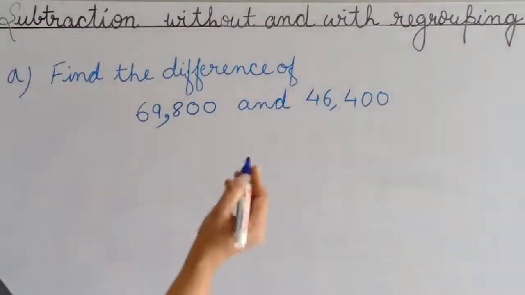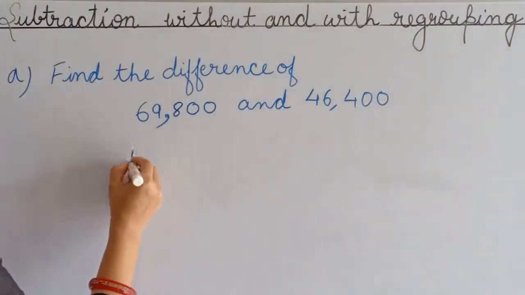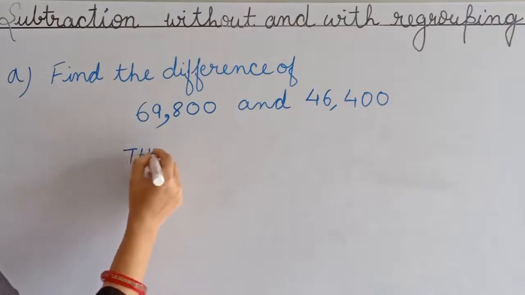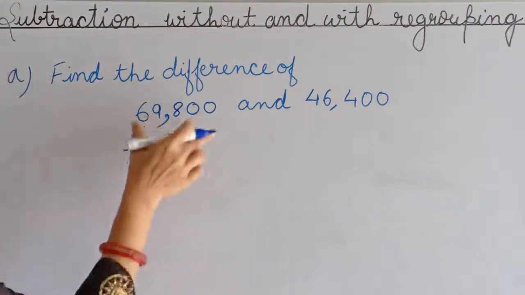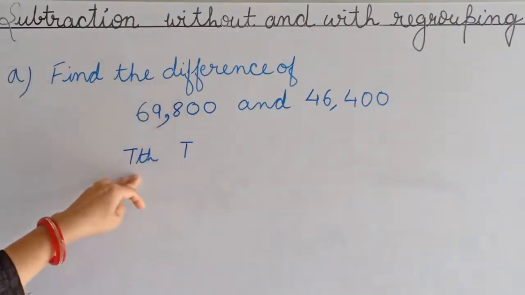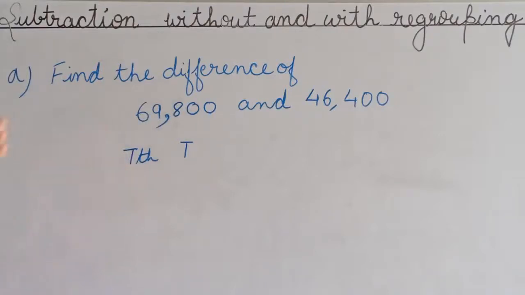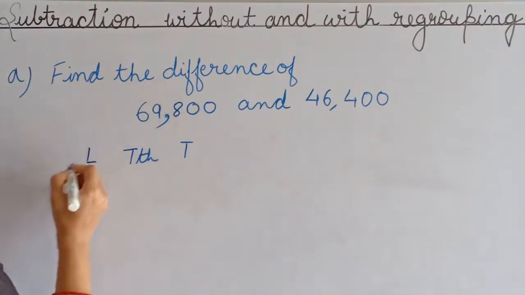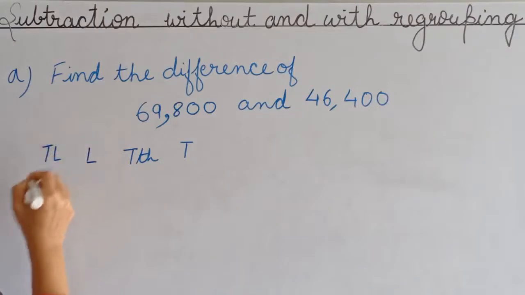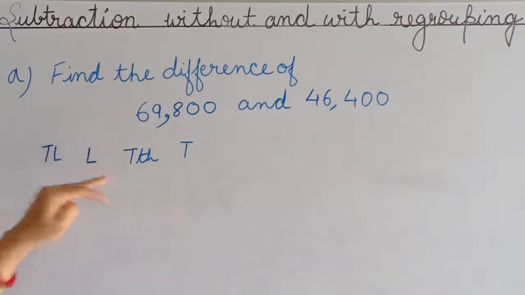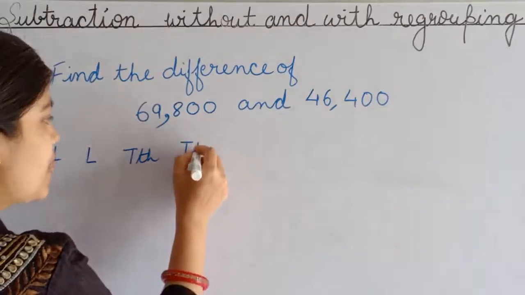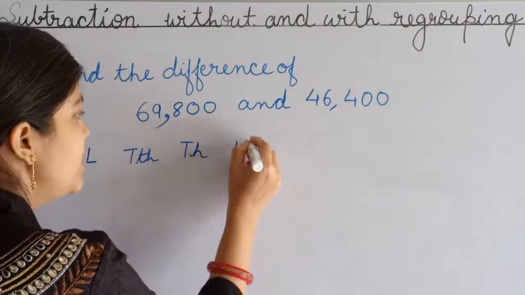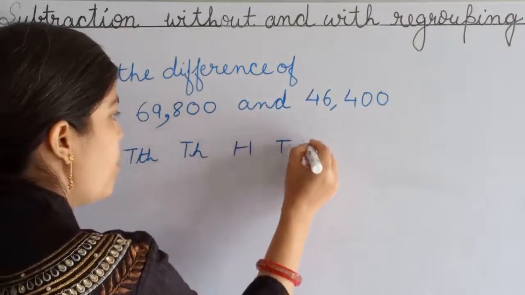So, right here, it will be 10,000, because it is a 5-digit number, so we are starting from 10,000 only. Otherwise, the lakh place is also there, the 10 lakh place is also there. So, 10,000, 1,000, 100, tens, ones.